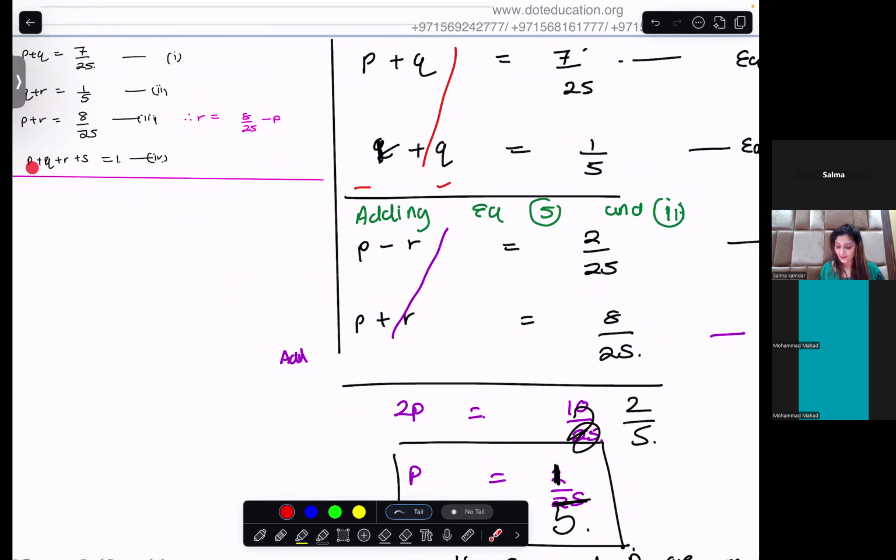I can put these values, s I have to find, equal to 1. So 1 minus pqr would give me the value of s. Okay, so it was as simple. I just needed to have one variable separate and then start substituting in whatever equations that I have.